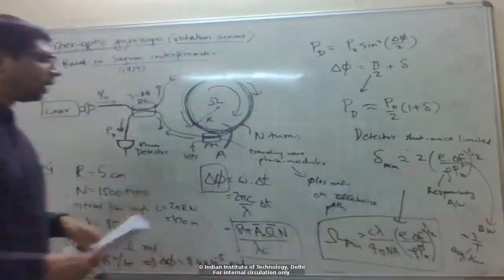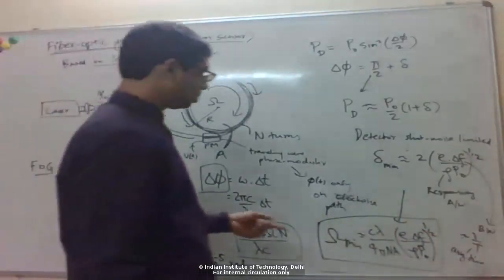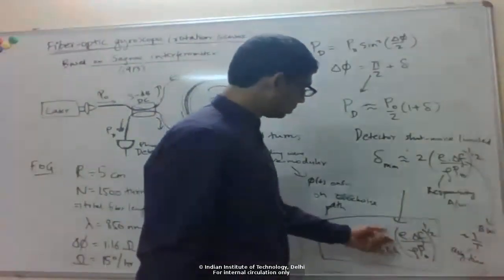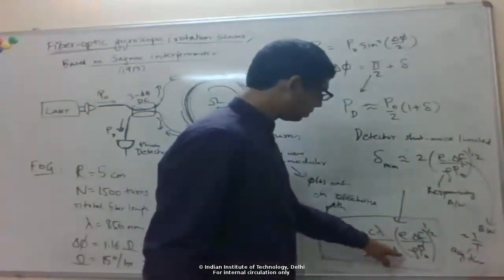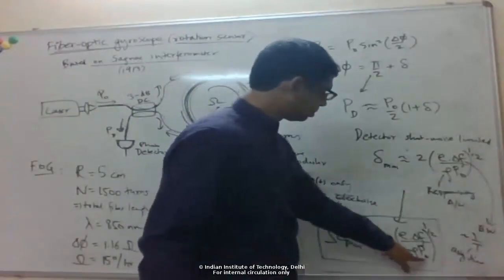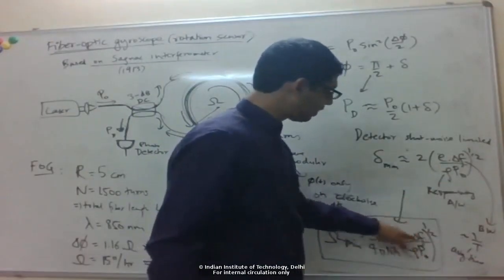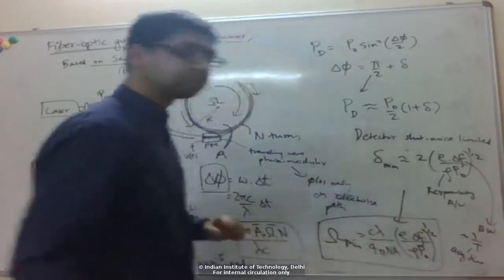So if I want a very sensitive gyroscope which can detect very small rotations, I need more turns, a loop of bigger area, and higher laser power helps, as does a higher averaging time or lower bandwidth.